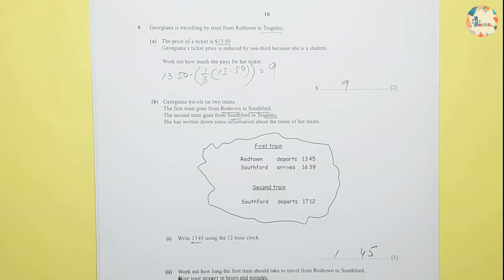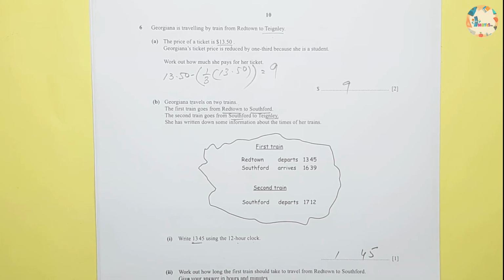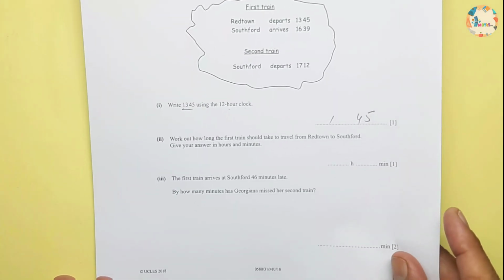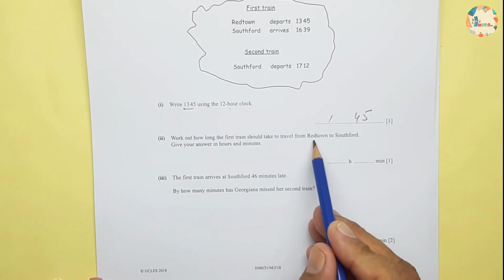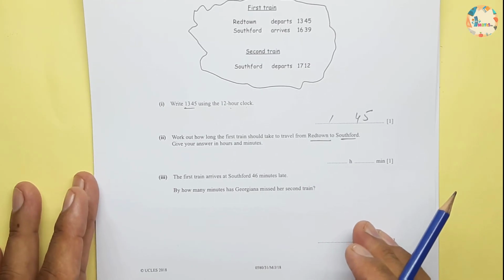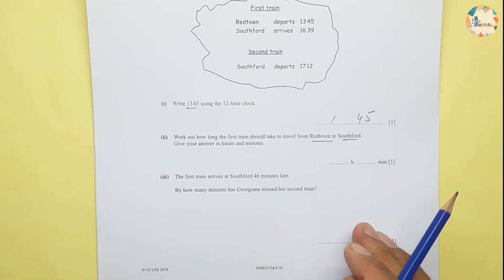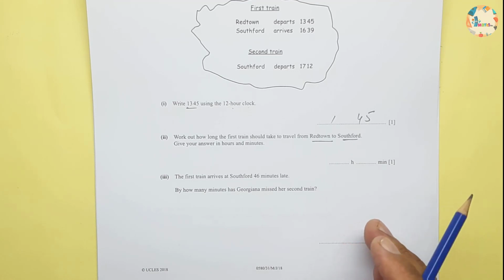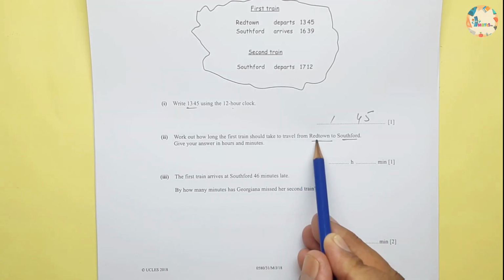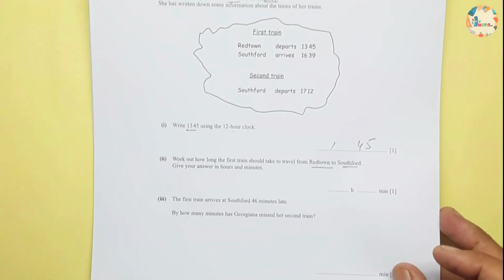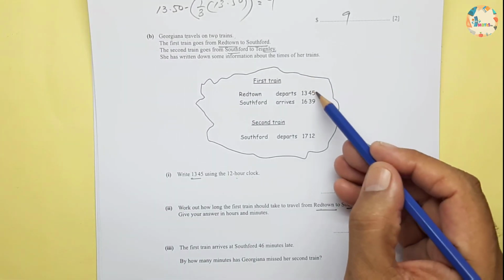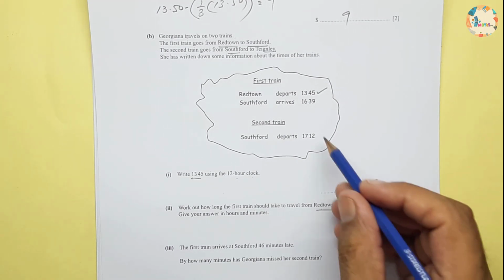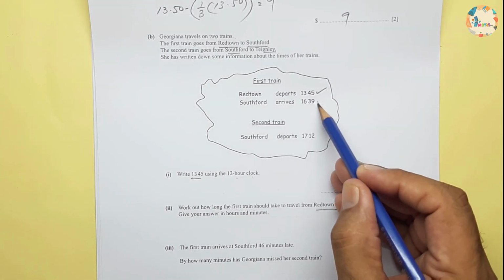Then they are saying work out how long the train should take to travel from this location to this one. Give your answer in hours and minutes. So this is just subtraction, from the departure time to the arrival time.